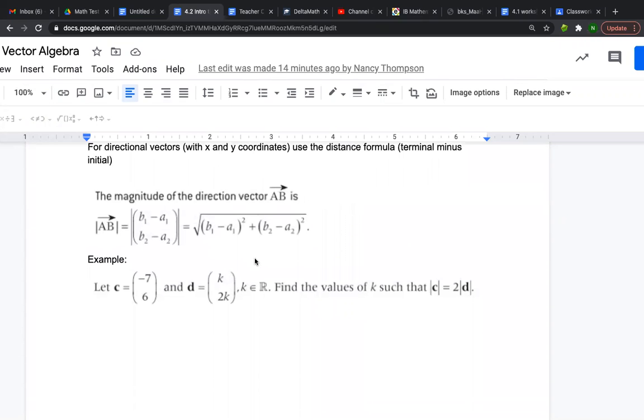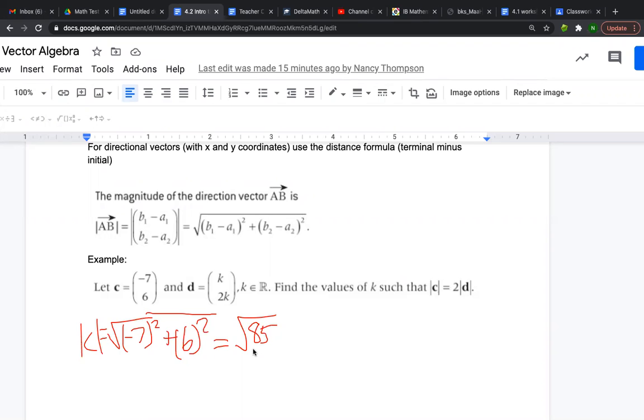The magnitude of C would be equal to the square root of -7 squared. Make sure you have that in parentheses. That becomes a positive 49 plus 6 squared, which is 36. So this is the square root of 49 plus 36, which is 85.